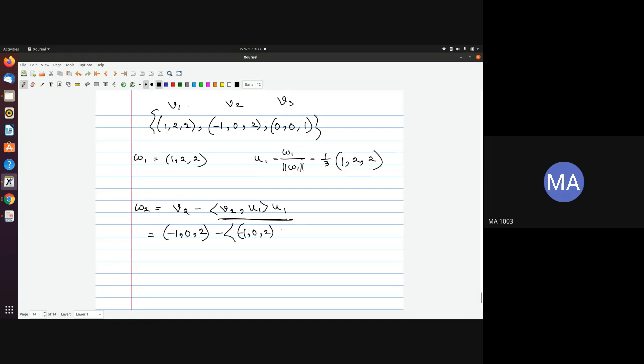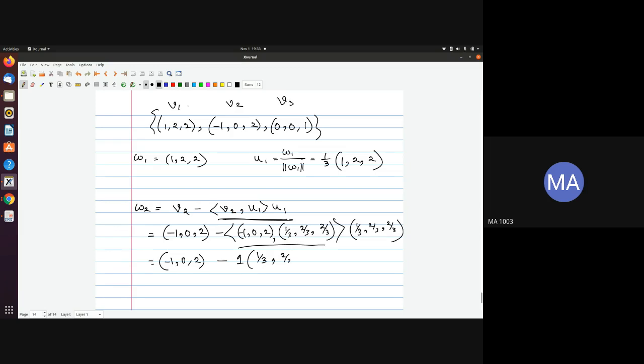U1 means 1 by 3, 2 by 3, 2 by 3. What is the inner product of these first two? 4 by 3 minus 1 by 3, that is 3 by 3, which is 1. So it is 1, right?